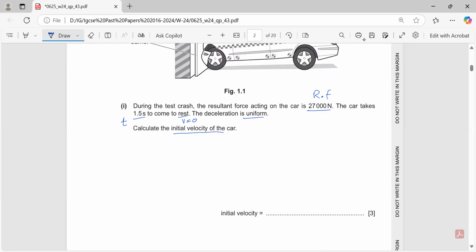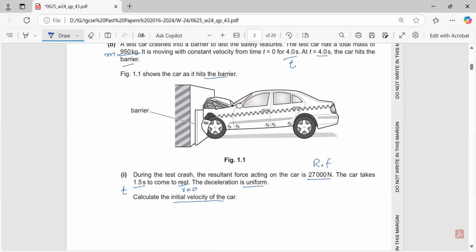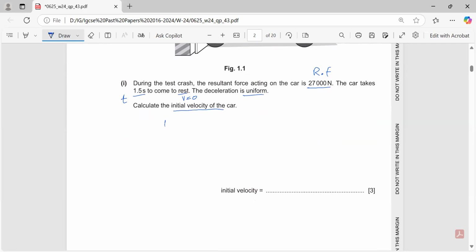No problem. Why no problem? Because we have force, we have time, we have final speed, and we have the mass of the car also. So the second law of motion, resultant force F is equal to ma, and a is equal to v minus u over t.